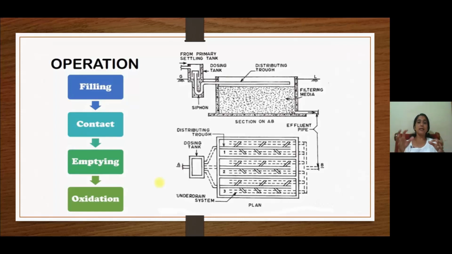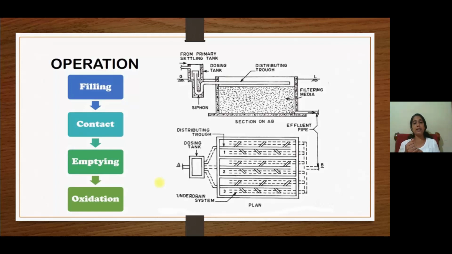During this time, these organic particles will enter into the voids of this filter media, and there they create a biofilm, and the presence of oxygen will oxidize this organic matter. In the emptying process, after providing a suitable contact period, the wastewater will be emptied out, and the organic matter present in the voids will remain inside the filter media.